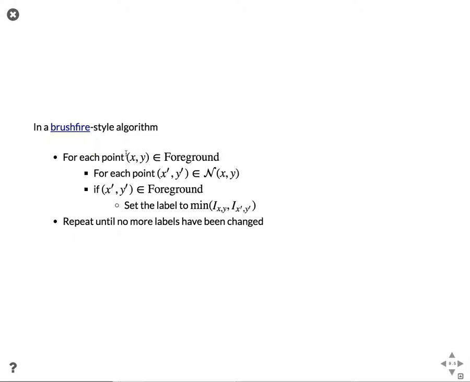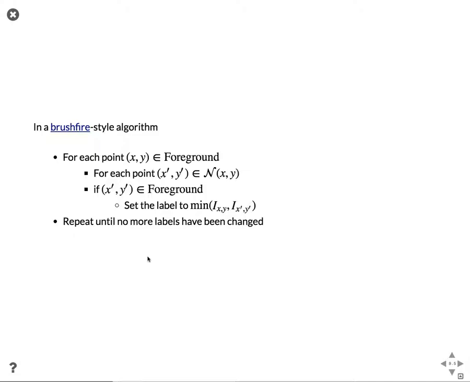This is usually the same in the entire image, but you could make it change based on where you were if you were dealing with non-stationary processes. And then you say, if this neighbor point is in the foreground as well, so if it's greater than 0, set the label of the point to the minimum label of ixy and ix prime y prime.